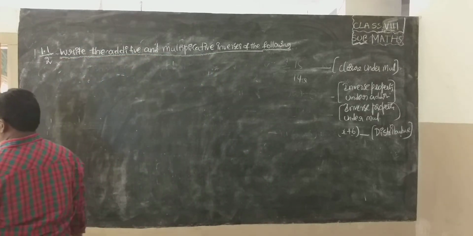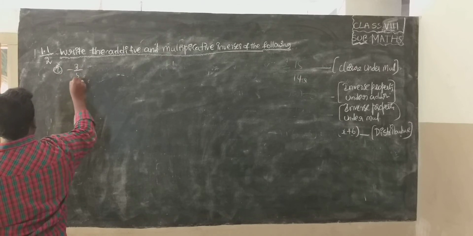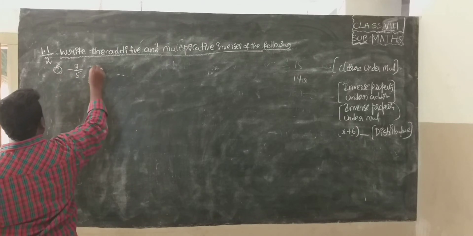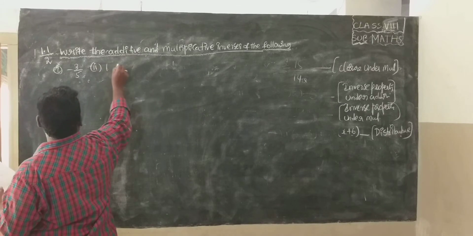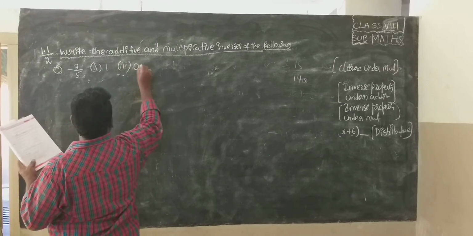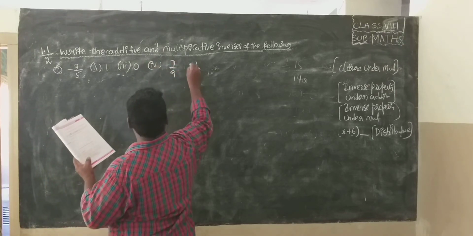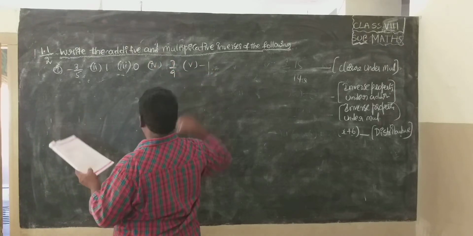So total 5 problems are there. Number 1, minus 3 by 5. Number 2, 1. Number 3, 0. Number 4, 7 by 9. Number 5, minus 1.